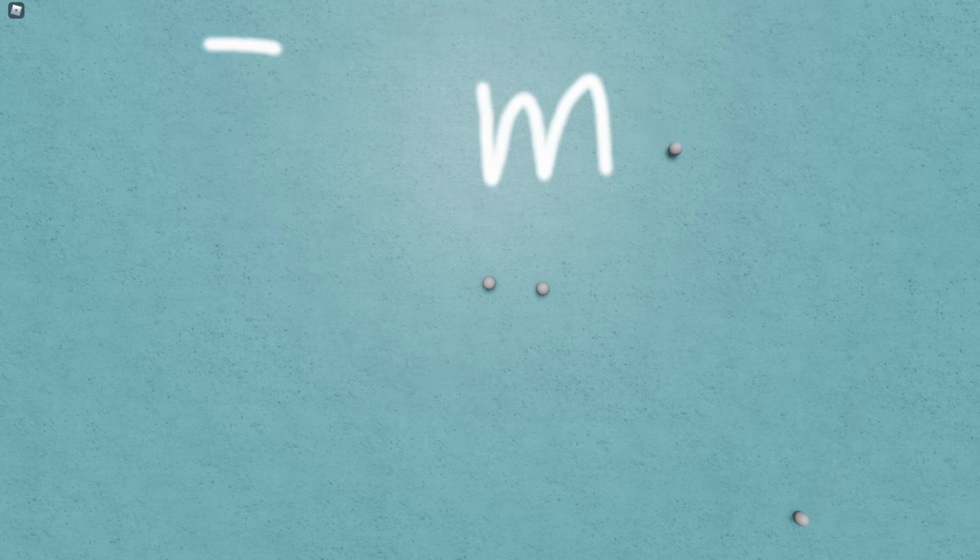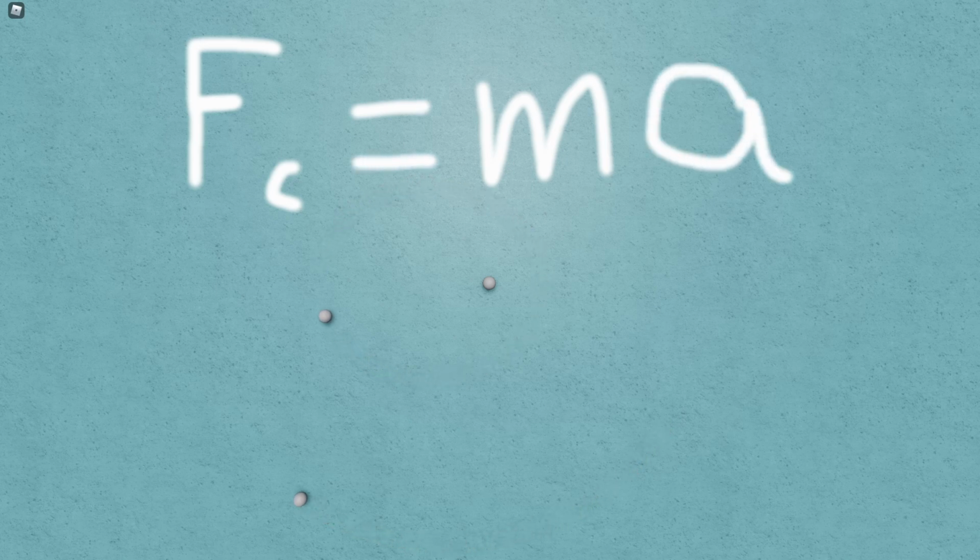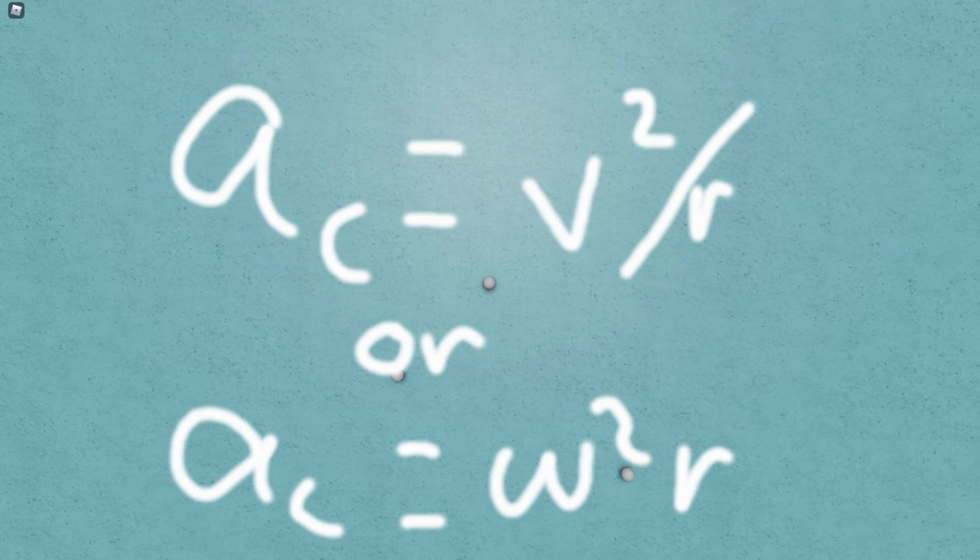Newton's second law of motion can be written to account for circular motion: centripetal force equals mass times centripetal acceleration. There are only two changes to the equation: centripetal force and centripetal acceleration. Centripetal acceleration can be found by velocity squared divided by radius, or in a different way, omega squared times radius.